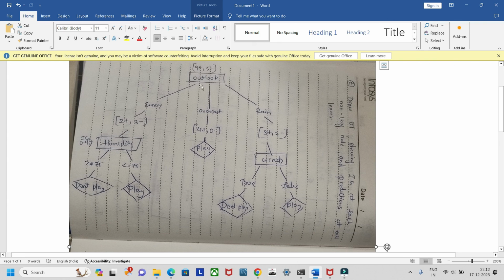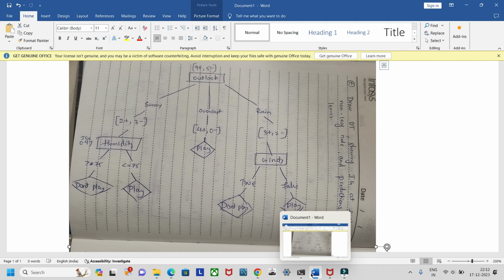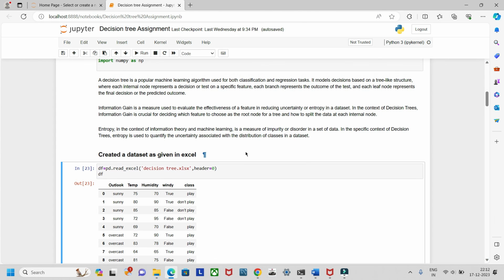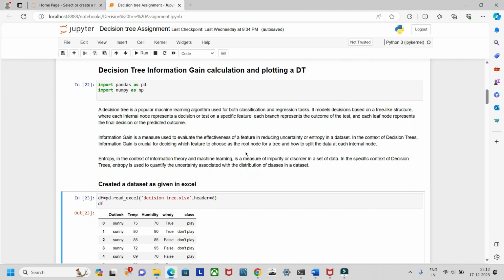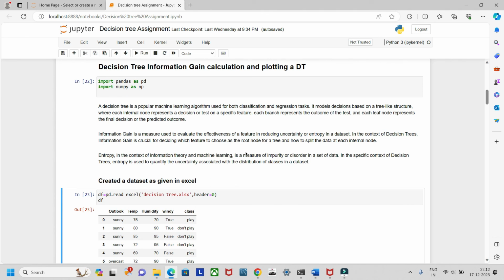So this is the root node, and then these are the branches, and finally we predict the output variable depending upon the sub information gain and sub entropy. Okay, so this was pretty much an explainer video regarding how decision tree works in case of classification model.